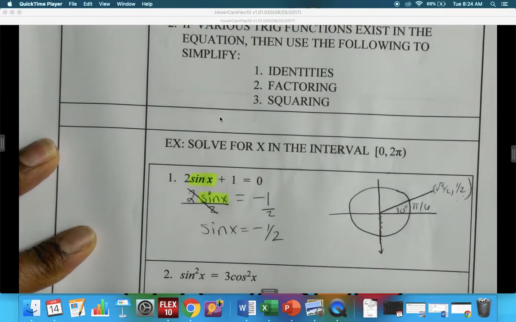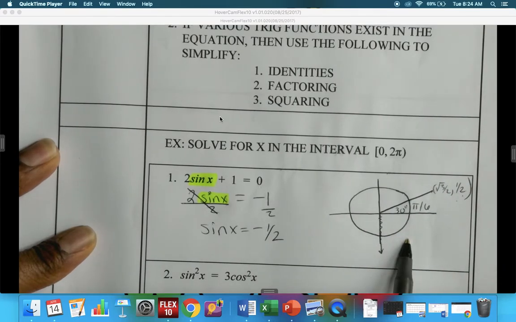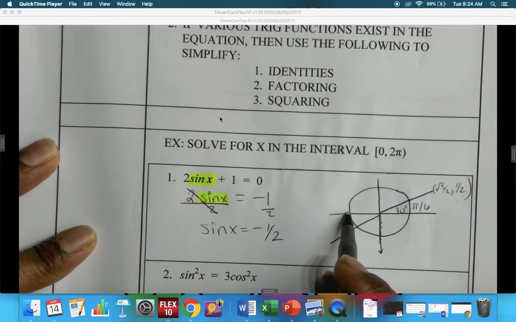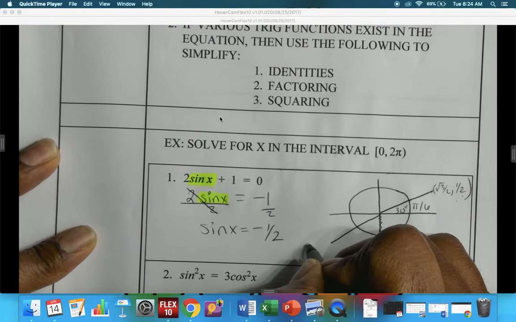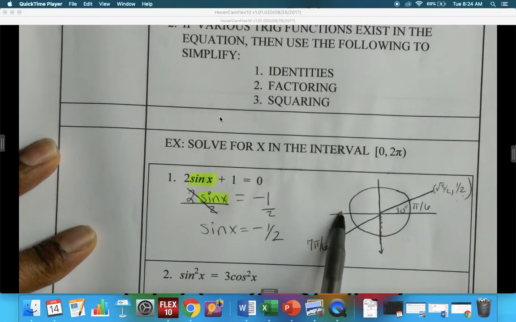That lets me know that the reference angle of pi over 6 is exactly where sine is 1/2. I just need to be down here so that it's negative 1/2. I'm going to go pi over 6 below the x-axis, which would be 7 pi over 6. This is essentially 6 pi over 6, because that's 1 pi.